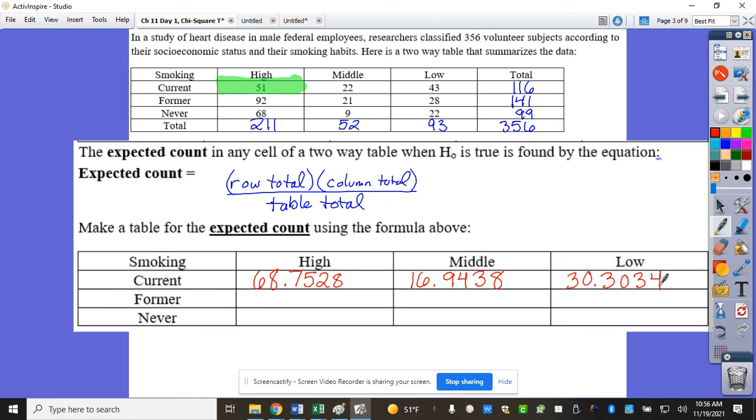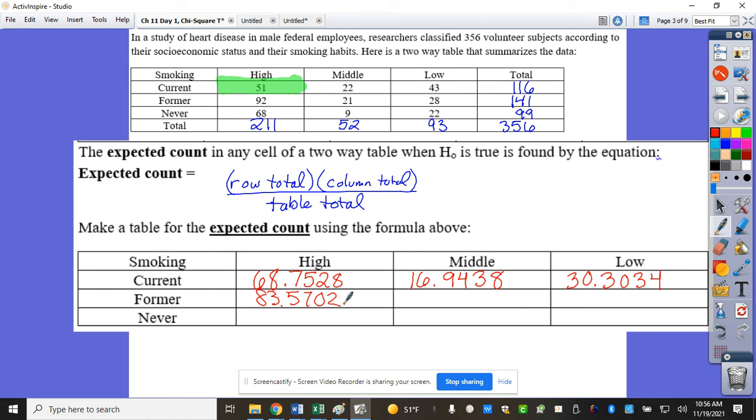And then I'll call them out so we can all write them all in. So I'll go down now. For current, the high that I wrote right here, just in case everybody can't see it, 68.7528. The high former is 83.5702.